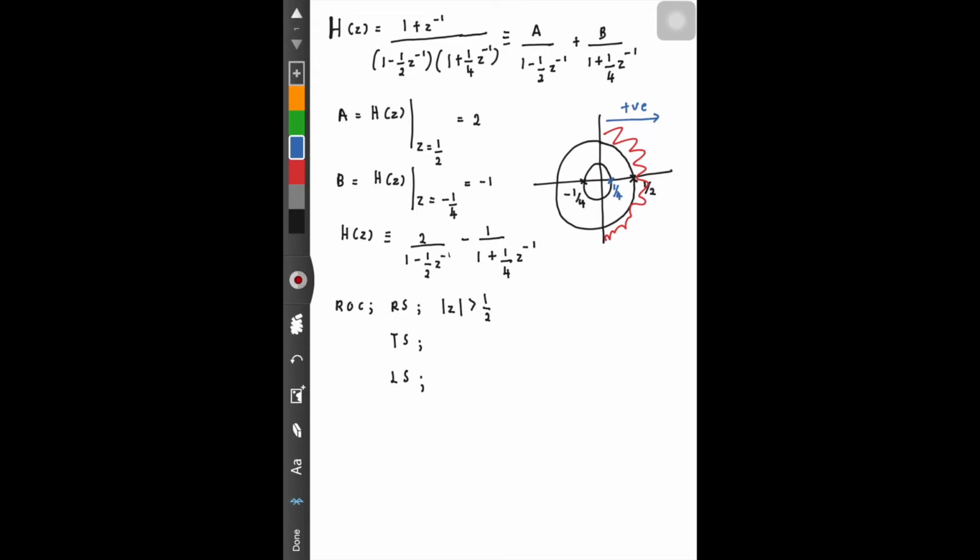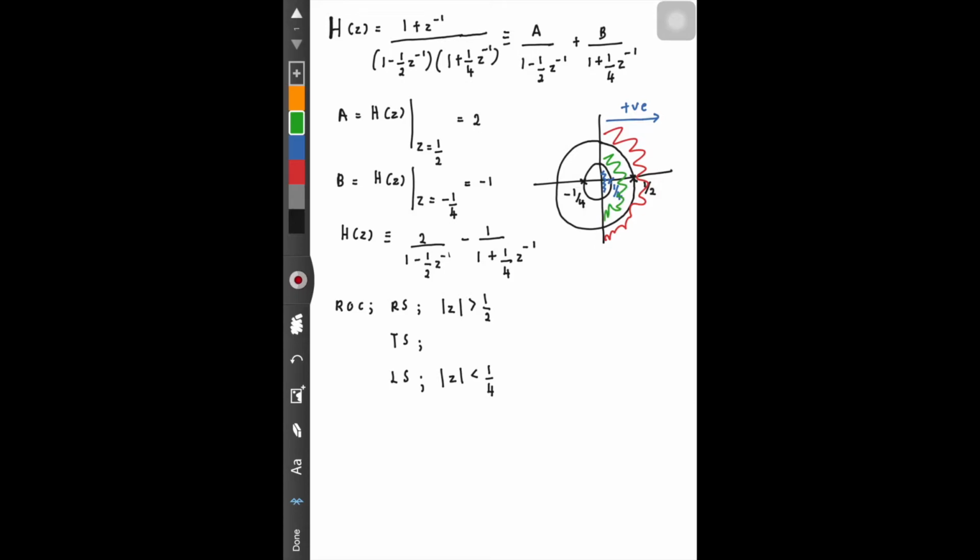So basically the negative 1 over 4 pole corresponds to 1 over 4 in magnitude. Again, I will show you why in example 1. For left-sided, the region is inside the innermost pole, so your modulus z is less than 1 over 4.